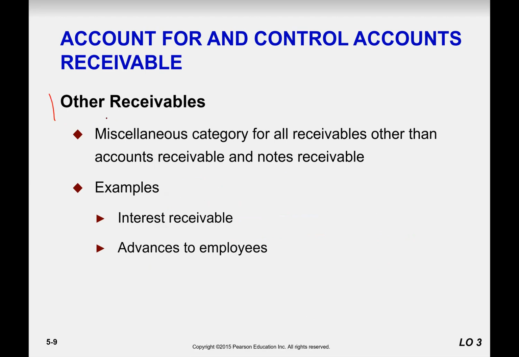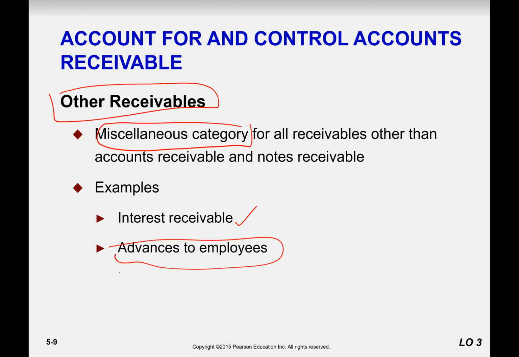Other receivables are a miscellaneous category. For example, interest receivable and advances to employees. What do we mean by advances to employees? For example, an employee has been working for you for 10 years, you trust that employee, and the salary is handsome.